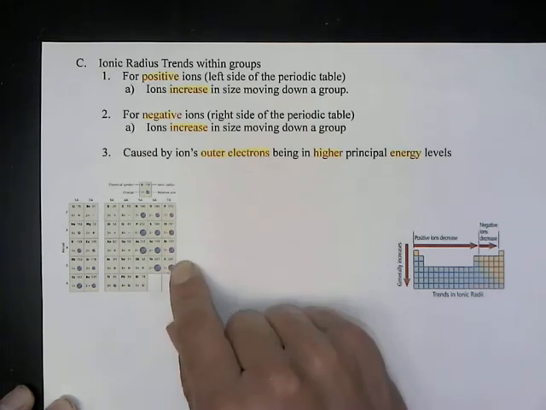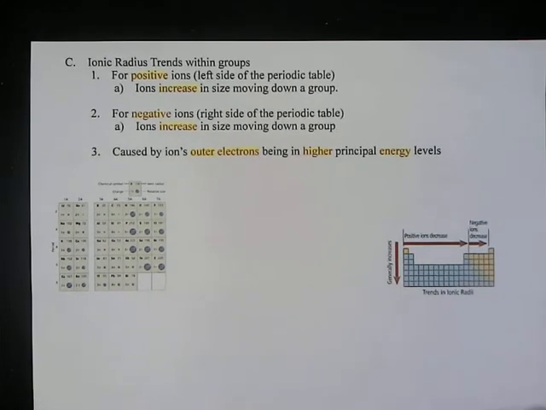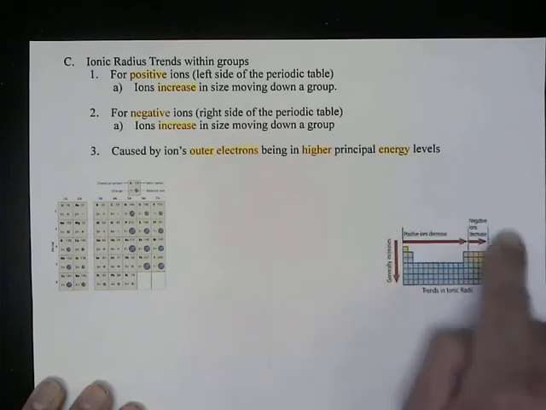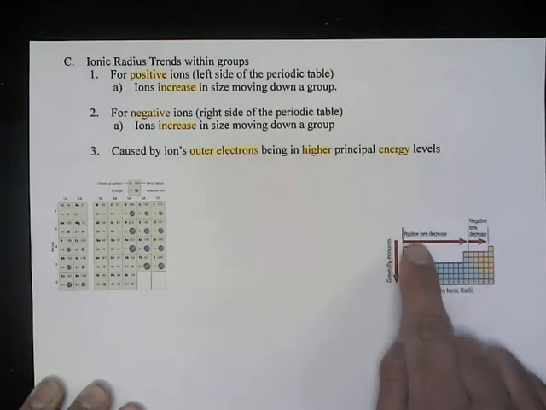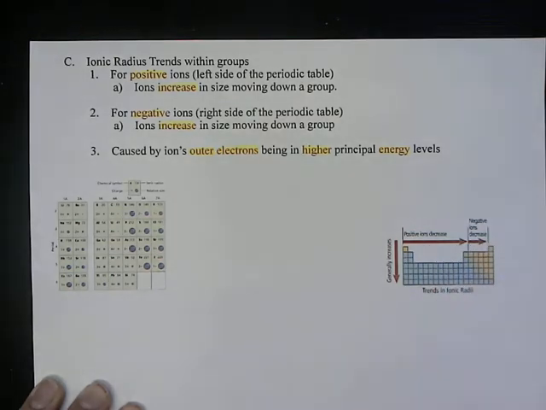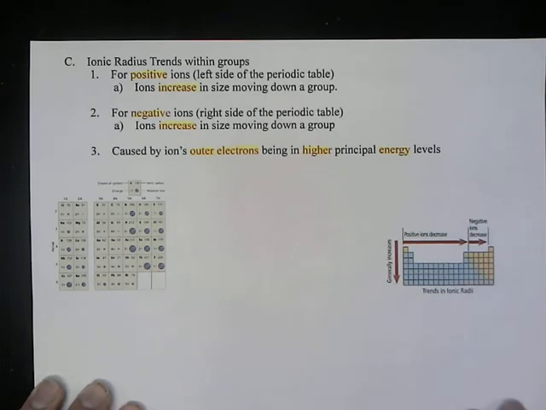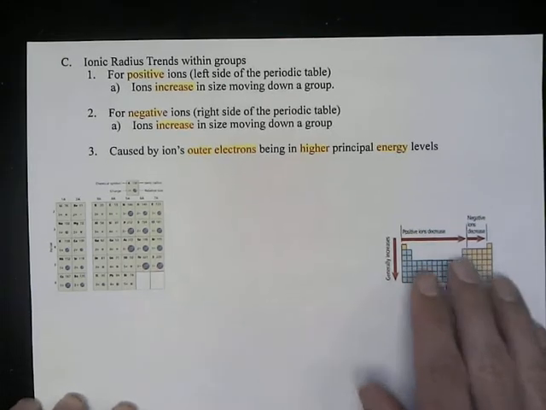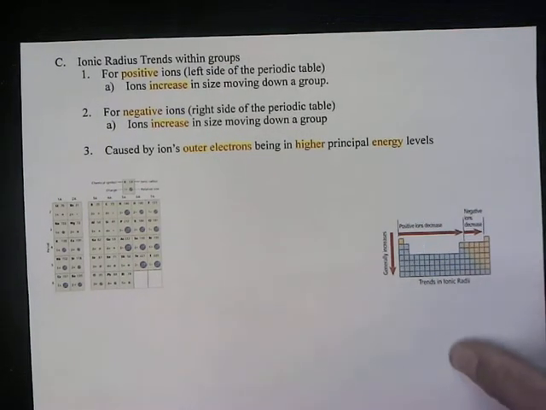It does get larger as we move down that group. Now, this sums it up really nicely: from left to right, positive ions decrease in size, negative ions also decrease, and ions as we move down a group will increase. That chart is really handy as we go through more and more problems.